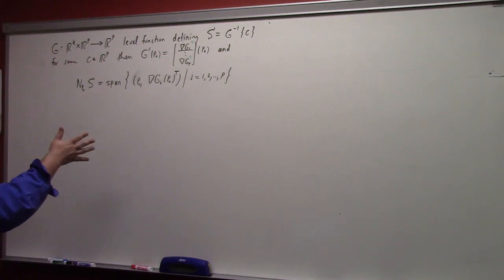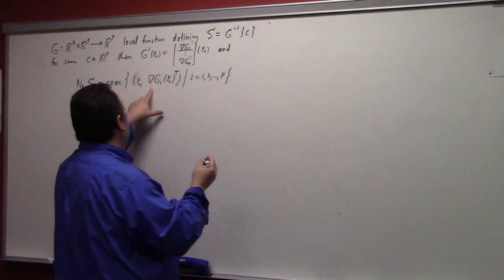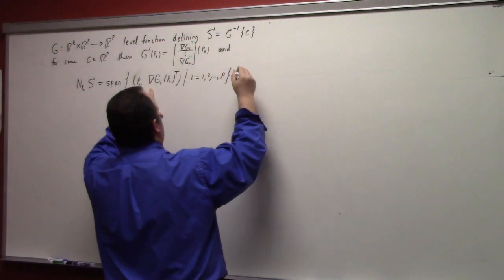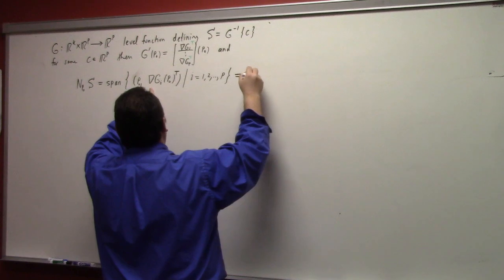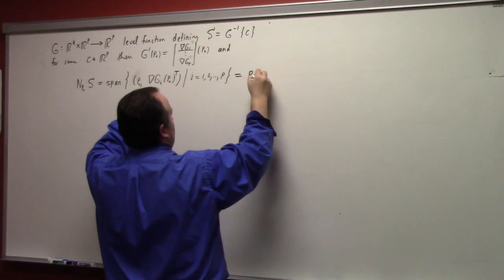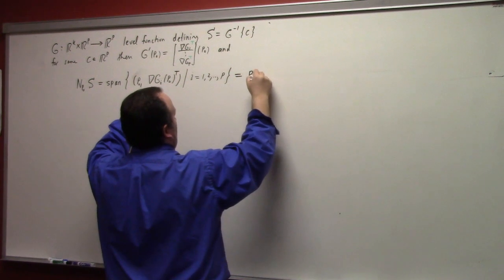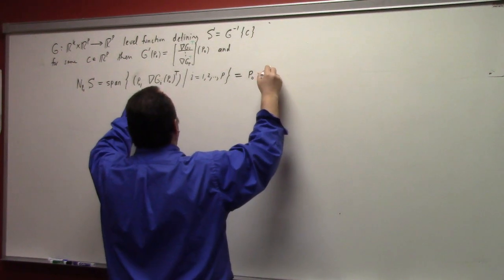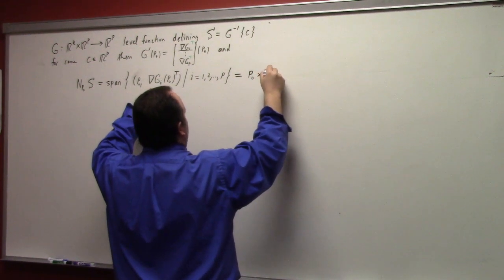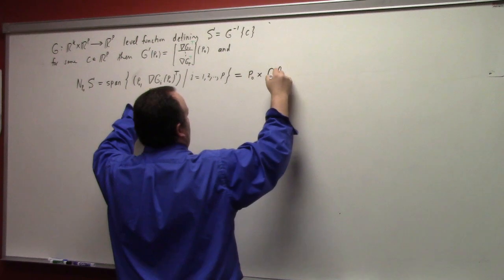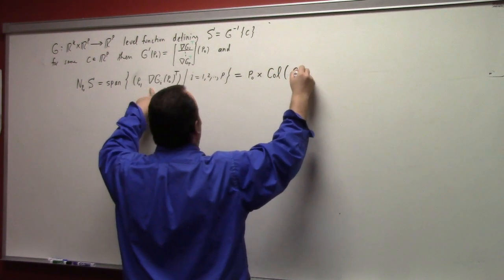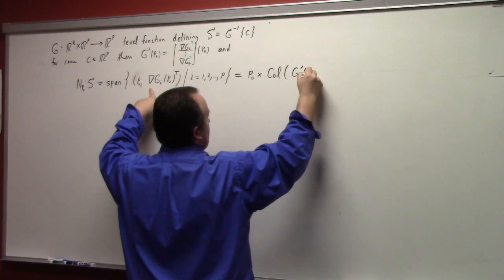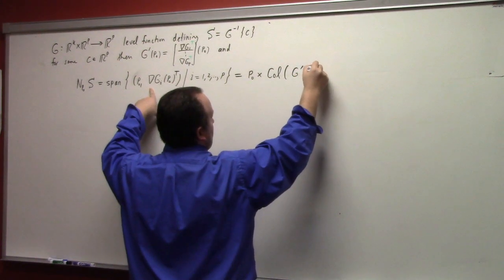So yeah. And then of course, on the flip side, you could think of this as P naught Cartesian product with the column space of G prime of P naught transpose.